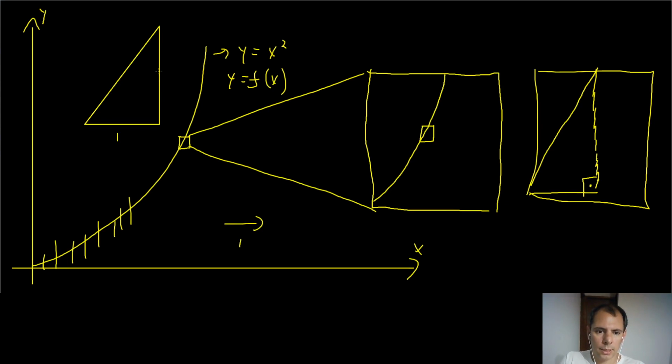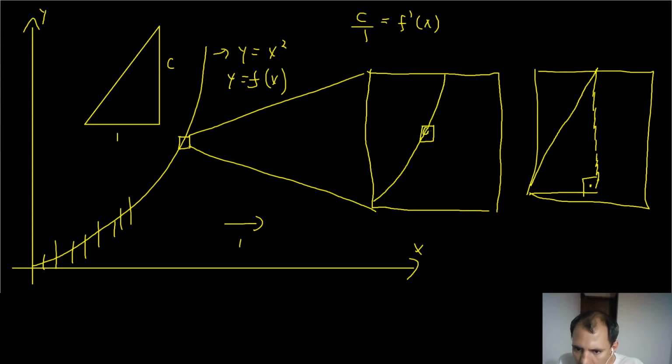So this divided by 1 is going to be, I'm not going to say x, I'm going to use c, just so it doesn't confuse with this x in here. So c divided by 1, which is the rise over run, is what? The derivative of the function at that point, just at this small point in here.